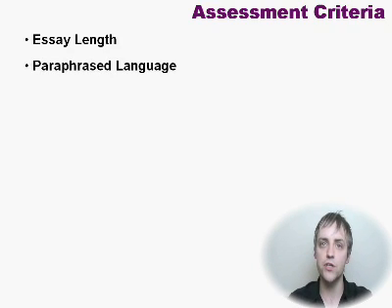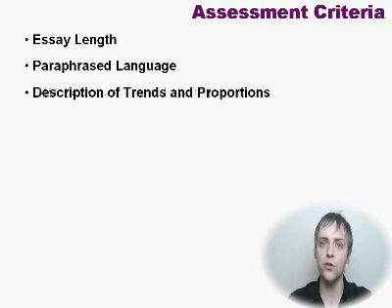Then they're going to be concerned with the paraphrased language, especially for the introduction, but also for the key information in the graph, okay? So that you're not copying chunks of language from the question or the graph. They also look at how you describe your trends and proportions, okay? What language you use, how accurate your proportions are.